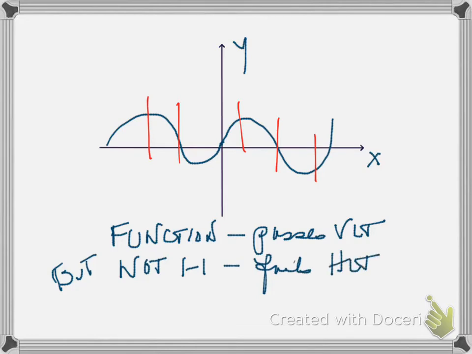And if I take any horizontal line, it's pretty easy to come up with one that's going to cross my curve many times. And if you think about all 6 trig functions and how they look, every single one will pass the vertical line test, but every single one is going to fail the horizontal line test, which means that none of them are 1 to 1.